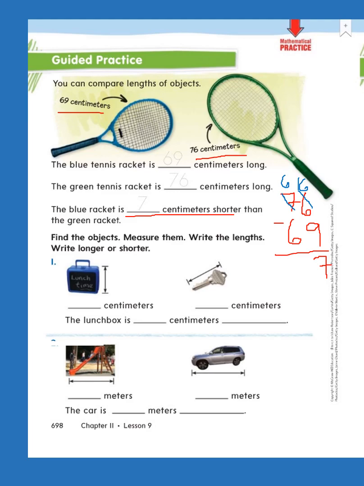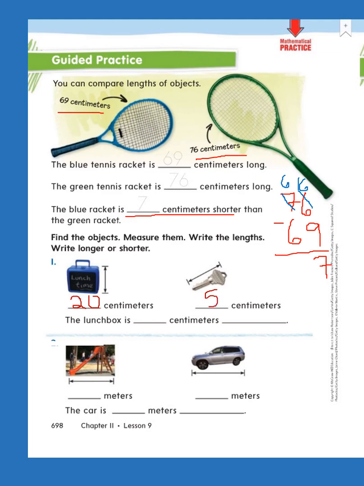Okay, now the middle of the page says, find the objects, measure them, write the lengths, and then write longer or shorter. So, number one, we have a lunchbox. Let's say, and I realize that your lunchbox might be different, but let's say that the lunchbox that we're measuring is 20 centimeters tall. And the key is 5 centimeters long.